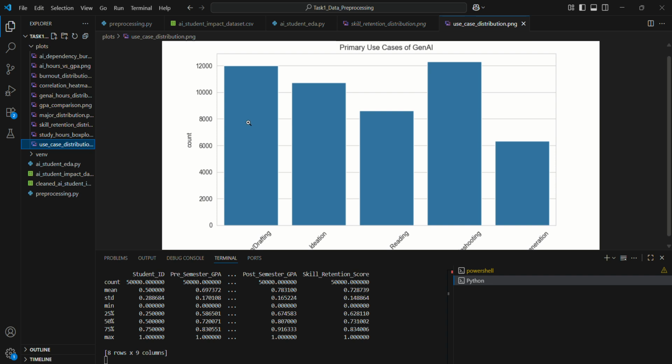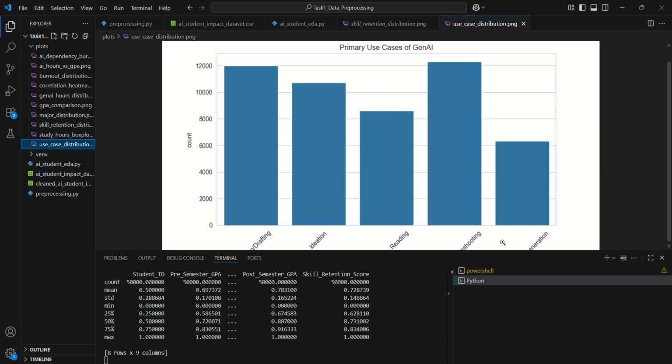All of this is for students, like the second group. After that, the next priority for students is ideation. They need ideation for various projects, etc., followed by reading. And the last priority is answer generation.